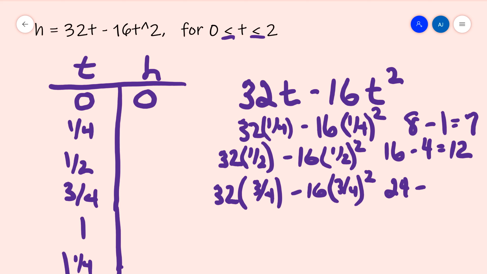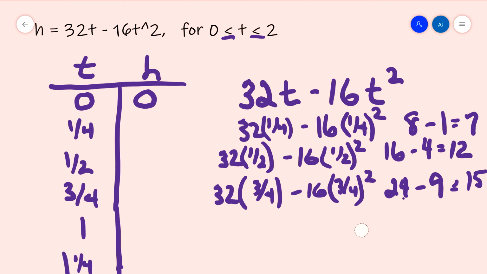Negative 16 times 9/16, the 16s cancel, which gives you negative 1 times 9, which is minus 9. 24 minus 9 is 15. Okay, good enough.